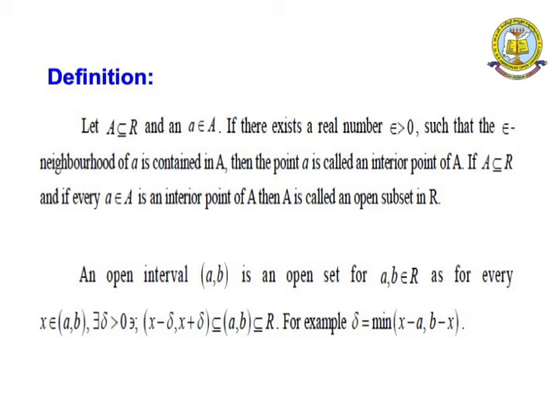If A is a subset of R and every a belongs to A is an interior point of A, then A is called an open subset of R. So what is the open set definition? First, the epsilon neighborhood of a is contained in A, then a is an interior point.